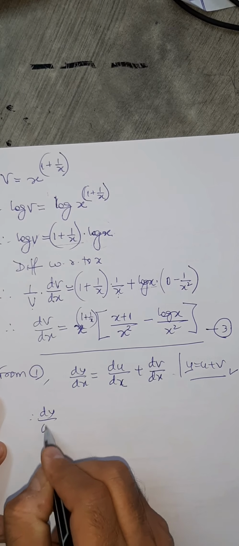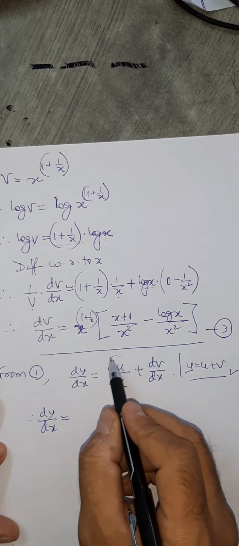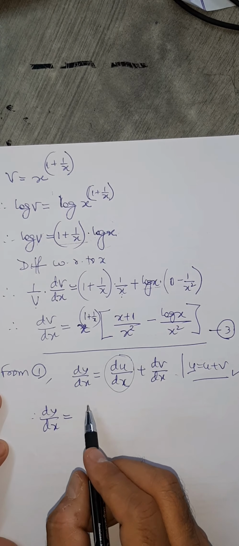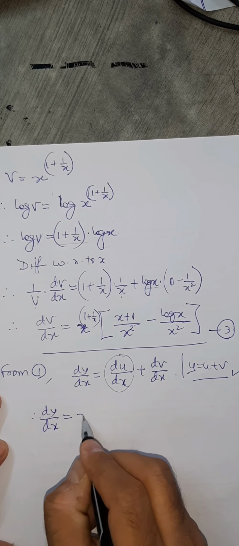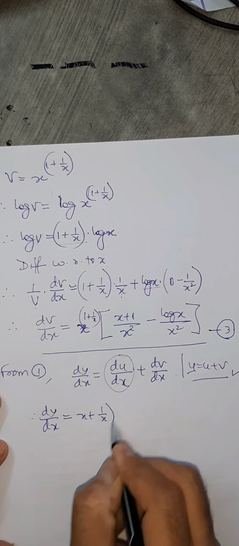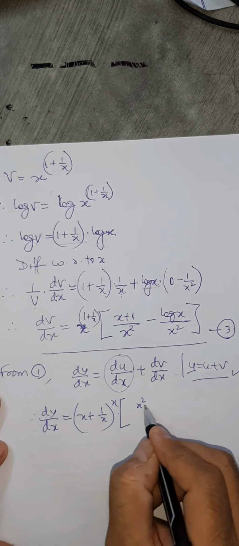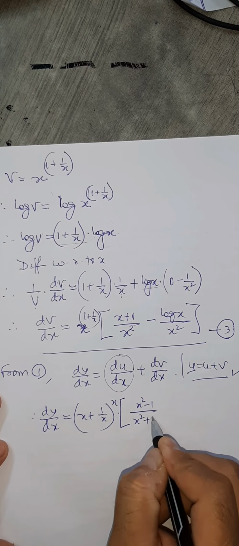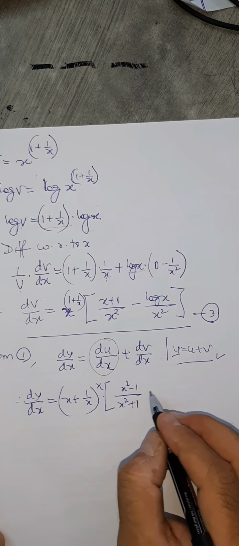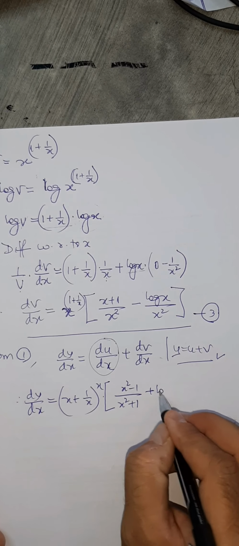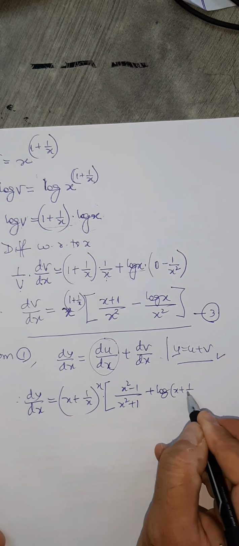So finally dy by dx equals, what is the value of du by dx from 2? That is that expression, x plus 1 upon x the whole raised to x into x square minus 1 upon x square plus 1, plus log of x plus 1 upon x.